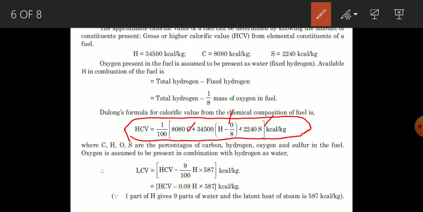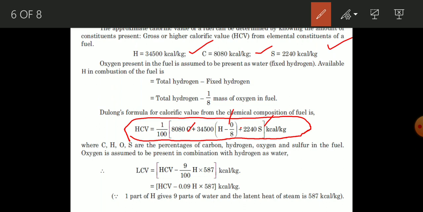Hydrogen has the maximum calorific value, 34,500 kilocalorie per gram, carbon 8,080 kilocalorie per gram, sulfur 2,240 kilocalorie per gram. These are the constant values for hydrogen, carbon and sulfur.